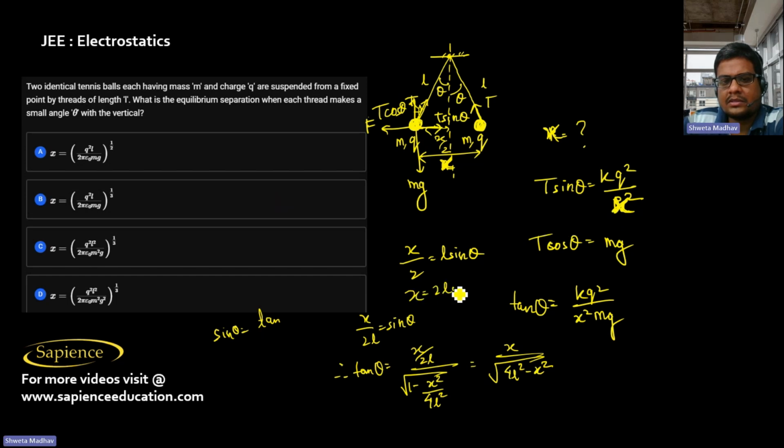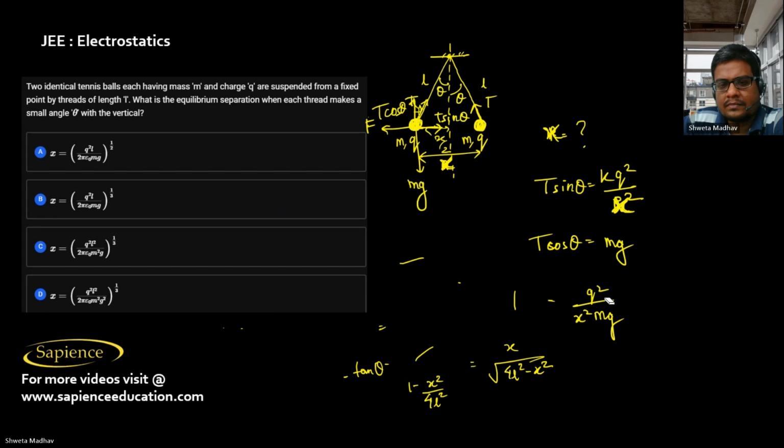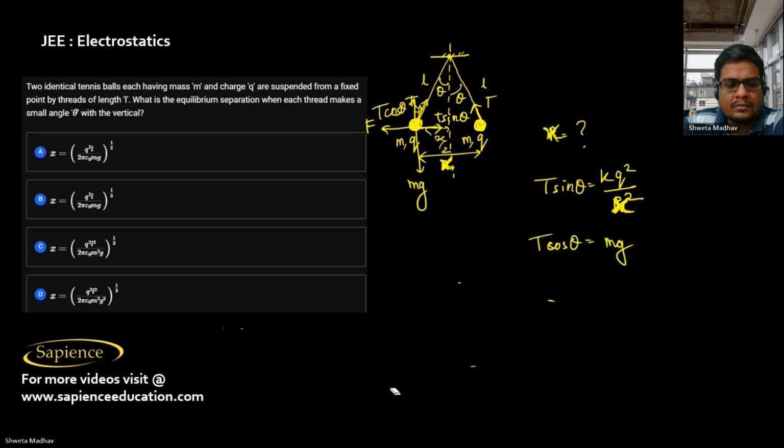We can do this like this also. T sine theta, that is equal to kq square by x square, which is x by 2 is L sine theta. So x is 2L sine theta.